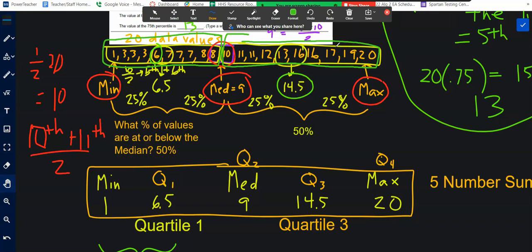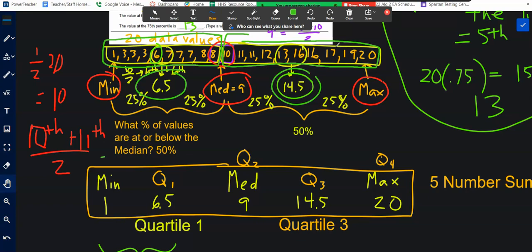And there's 2 values stuck in the middle, the 5th and the 6th. So that means we average the 5th data value and the 6th data value of each one of those sets, which is 6 and 7 for the lower one and 13 and 16 for the upper one. And that's how we end up with the 6.5 and the 14.5.